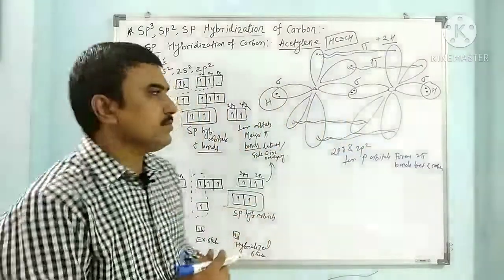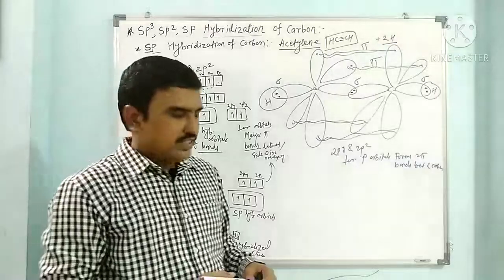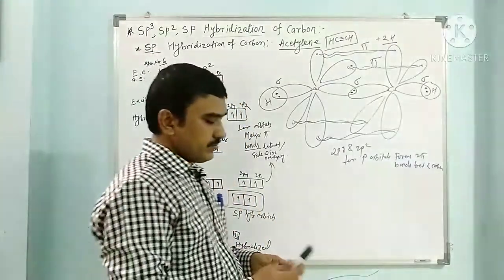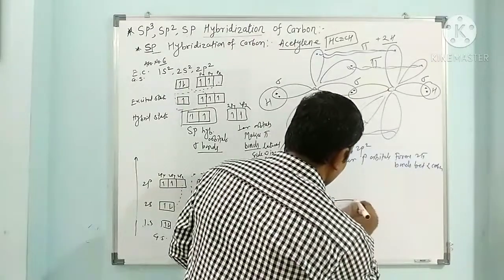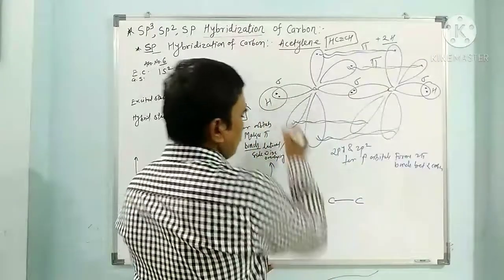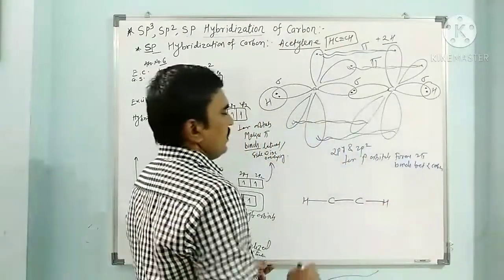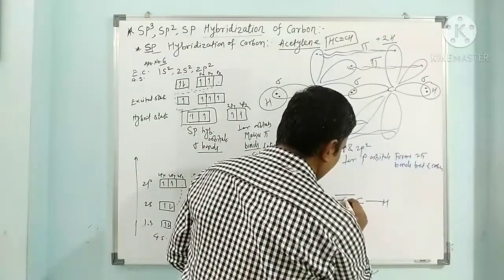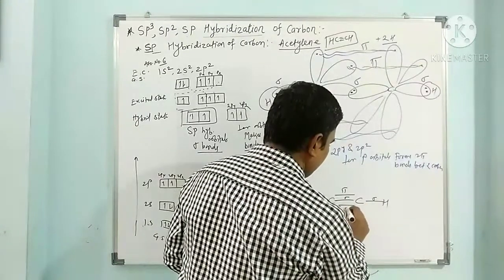So 2 carbons are joined with one sigma bond and these 2 pi bonds. So here see, this is the carbon-carbon bond, this hydrogen is here, this hydrogen is here, and here these are the 2 pi bonds, this is 1 and this is 2. So this is one sigma bond, and this is pi and this is pi.